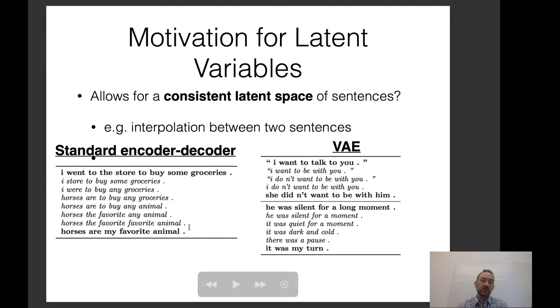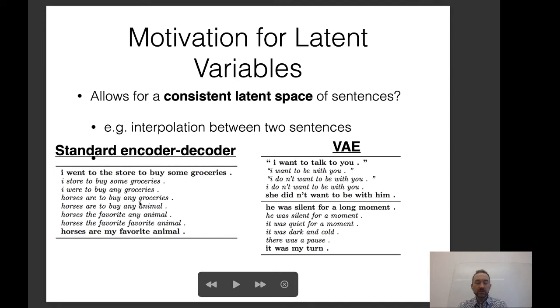So what you can see here is basically we auto-encode "I went to the store to buy some groceries" and "horses are my favorite animal." And then we gradually step between the two vectors by interpolating the two vectors together. And we can see that halfway through, it starts to generate nonsense, like "horses are to buy any groceries" or "horses are to buy any animal."